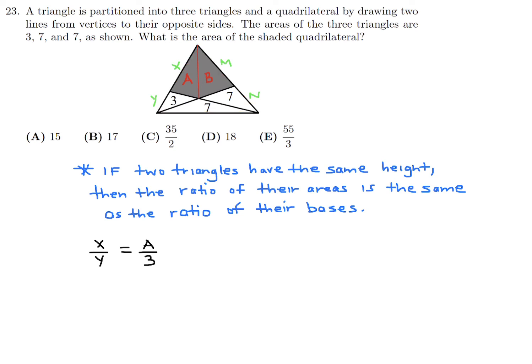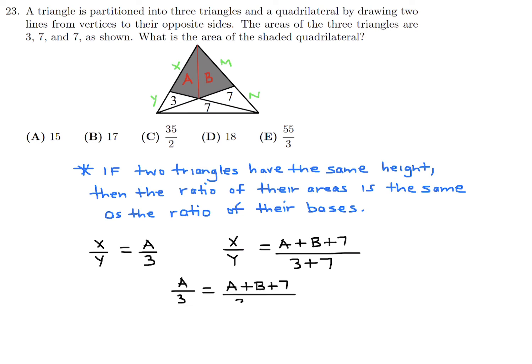And if you do that, then our ratio of X over Y would be A plus B plus 7 over 3 plus 7. Okay? So since X over Y equals this and X over Y equals that, we can set those equal to each other. So A over 3 is equal to A plus B plus 7 over 3 plus 7, like that.